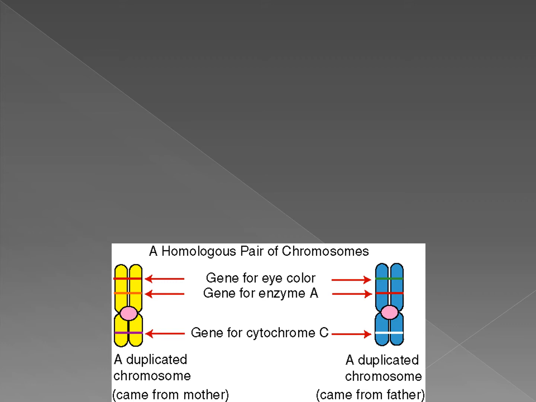As you see on this picture, it says homologous pair of chromosomes. We have a gene for eye color, a gene for an enzyme, and a gene for cytochrome. This is duplicated from mom, and this is duplicated from dad. Eventually, these are going to cross over each other.